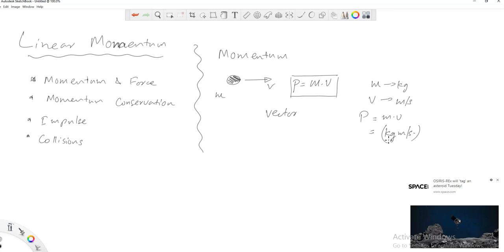All right, so let's think about a quick example. Let's say some object has a mass of 10 kilograms, moving with a speed of 20 meters per second.